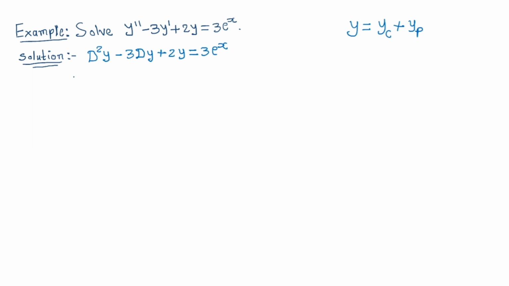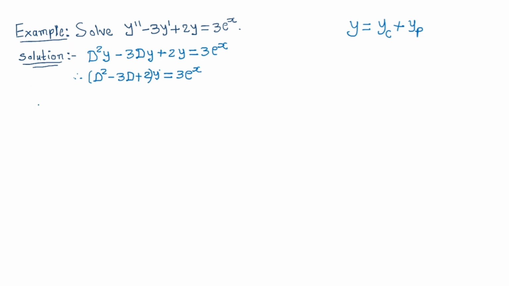For the auxiliary equation we need f of d, so I present the same equation as d square minus 3d plus 2, all into y, is equal to 3 e raised to x.